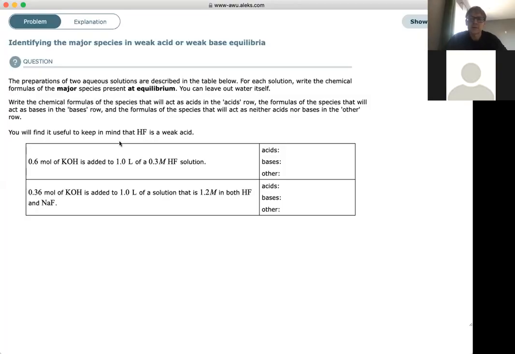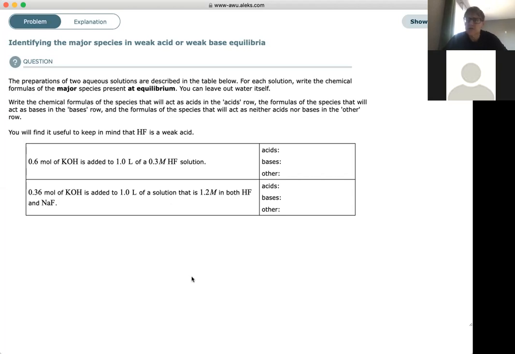Here we go. And this type of problem is called identifying the major species in weak acid or weak base equilibria. Okay, so there's a lot of words in these instructions.